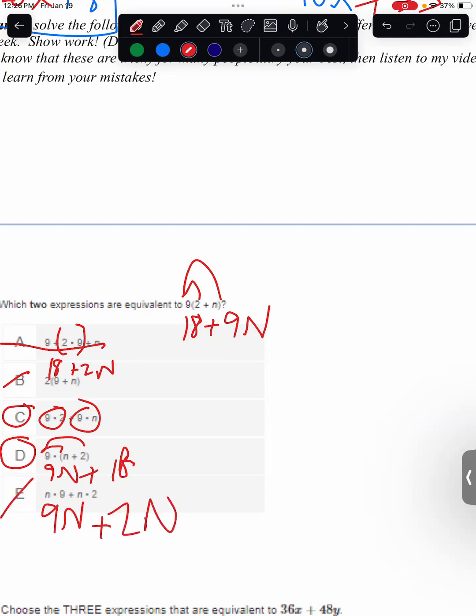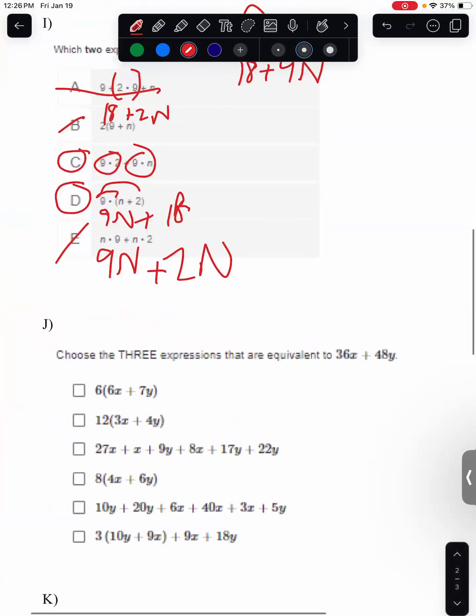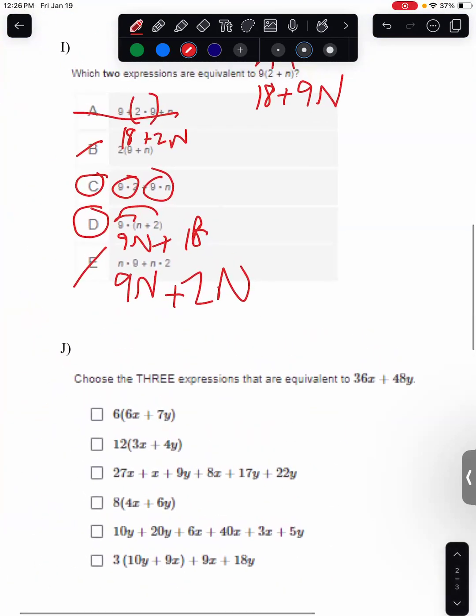All right. So I wanted you to see that's the way I think through and show the work on the problem, not just guessing random answer choices, right? Okay, so you can label these A, B, C, D, E, F. So 36x plus 48y. This is what I was talking about yesterday, you could factor it out several different ways. That's where we're going to check and see if each one of these answers equals what the question says.